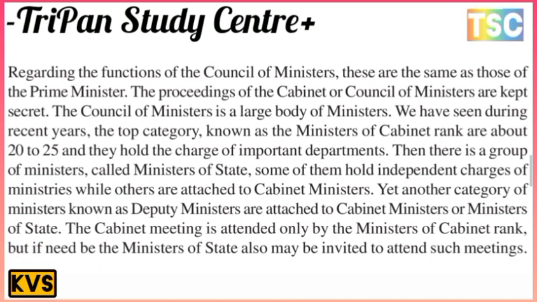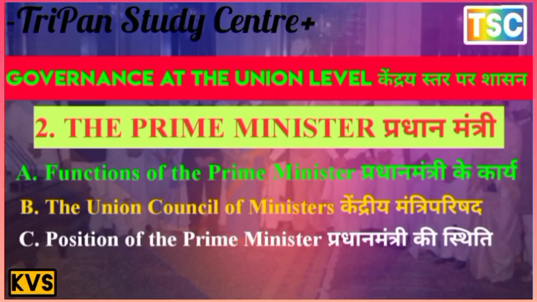Yet another category, known as the Deputy Ministers, are attached to Cabinet ministers or Ministers of State. Cabinet meetings are attended only by the ministers of Cabinet rank, but if needed, the Ministers of State may also be invited to attend such meetings.